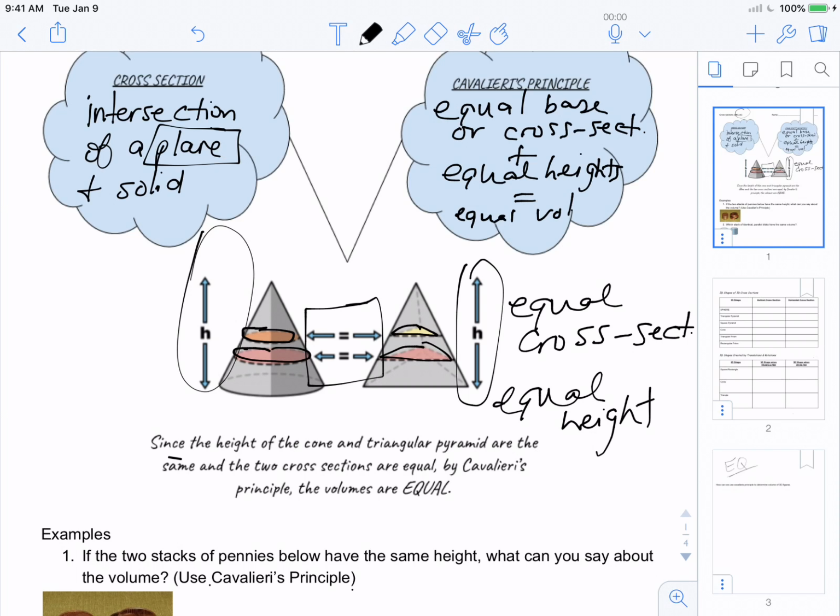So since we have, looking back up here, equal base or cross section, and we have an equal height, then the volumes are equal. So we just wrote that out. The height of the cone and pyramid are the same. The two cross sections are equal. Volumes are equal.